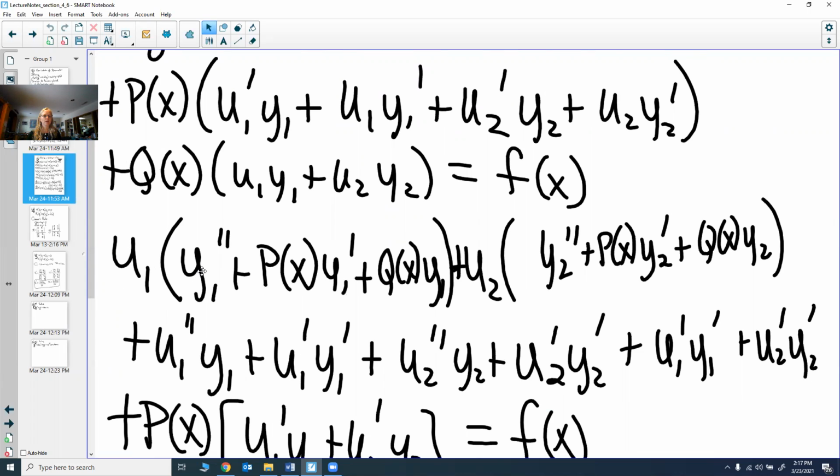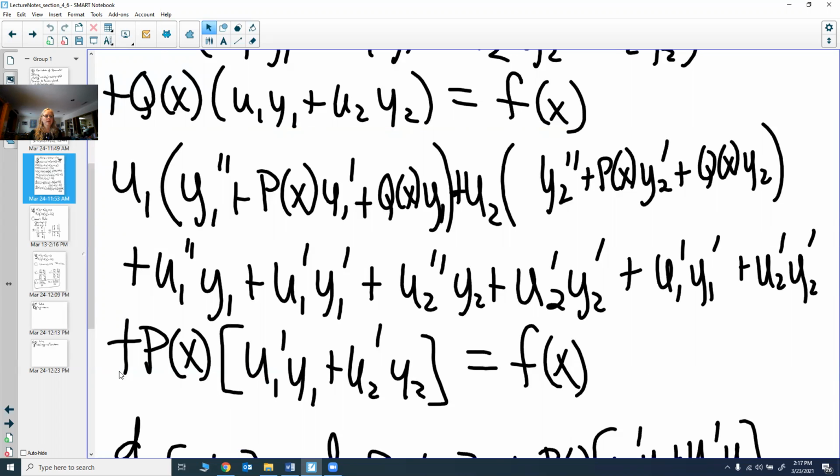The ones that have a u1 have y1 double prime plus p of x times y1 prime plus q of x times y1, plus u2 times y2 double prime plus p of x y2 prime plus q of x times y2, plus there's a u1 double prime times y1, a u1 prime times y1 prime, a u2 double prime times y2, and a u2 prime times y2 prime, plus a y1 prime times u1 prime, plus a y2 prime times u2 prime, plus a p of x times u1 prime y1 plus u2 prime y2.